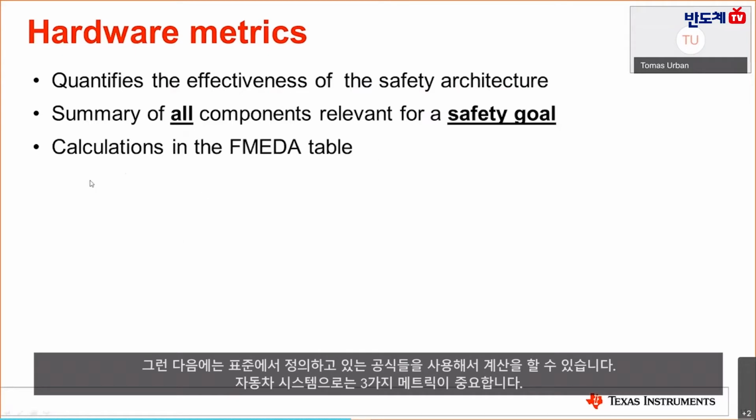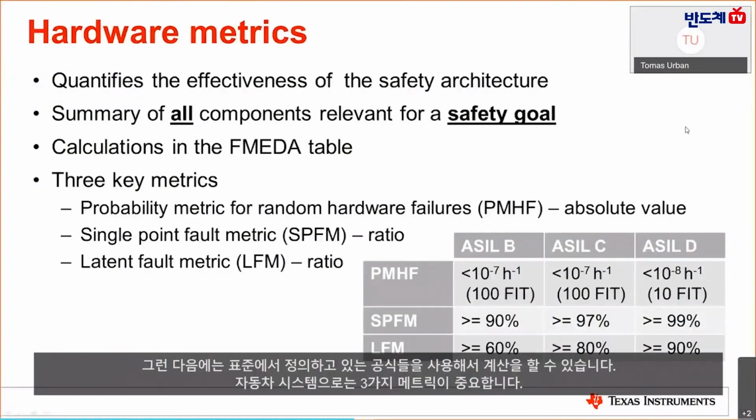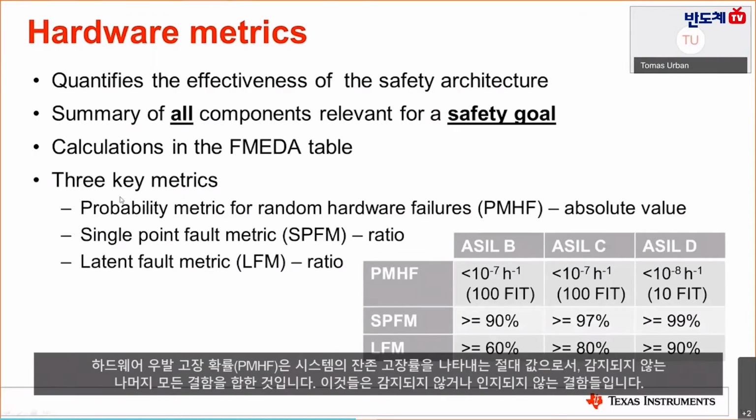You do the calculations based on the formulas that are listed in the standard, and there are three key metrics for automotive systems. The first is the probability metric for random hardware failures, PMHF. This is an absolute value which expresses the residual failure rate of a system, summing basically all the remaining failures that are not detected.